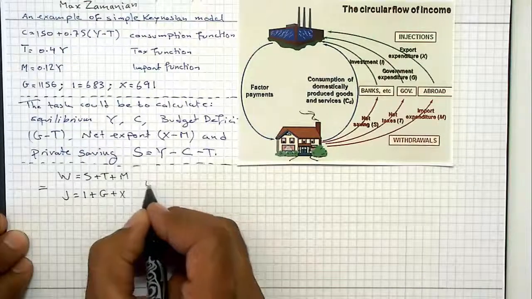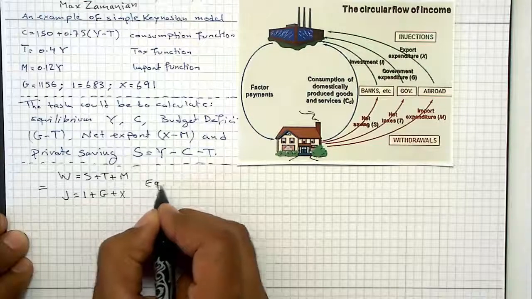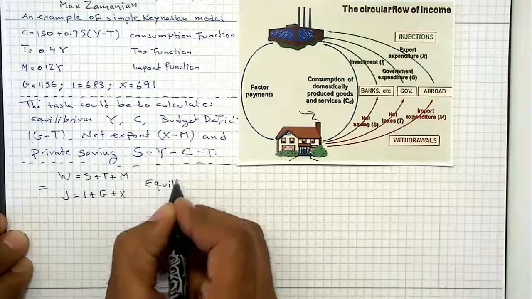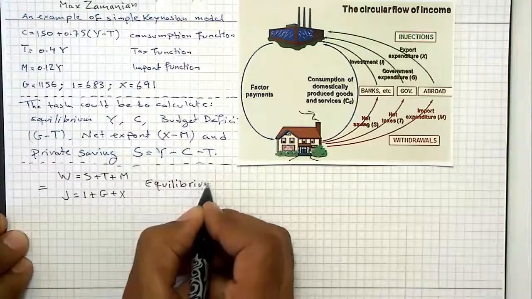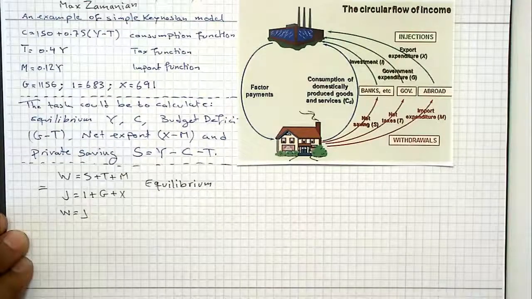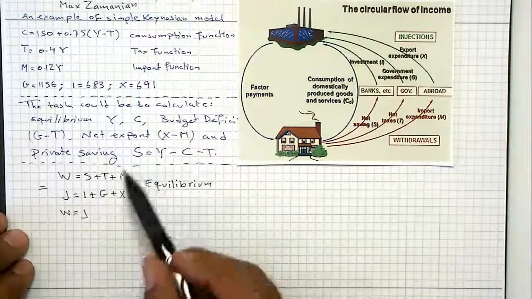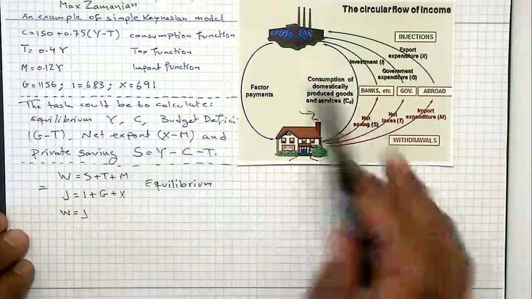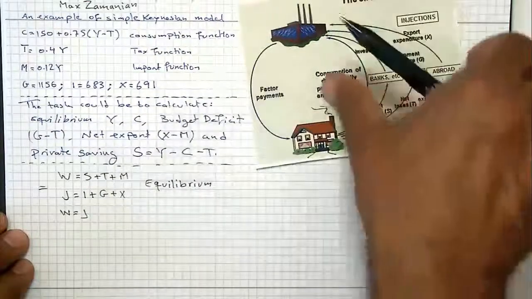So this is at equilibrium. W is equal to J. I try to use this equilibrium condition to derive these items.